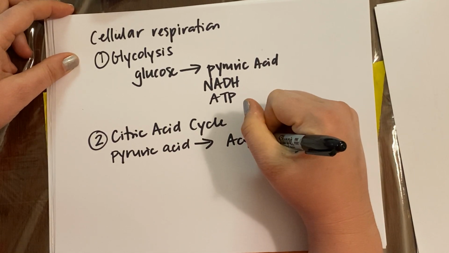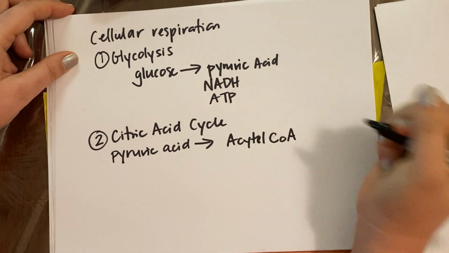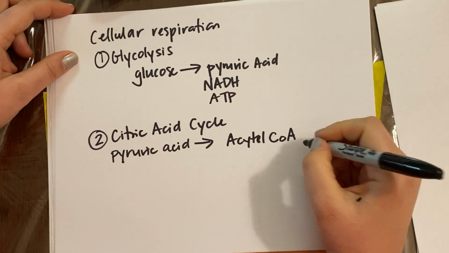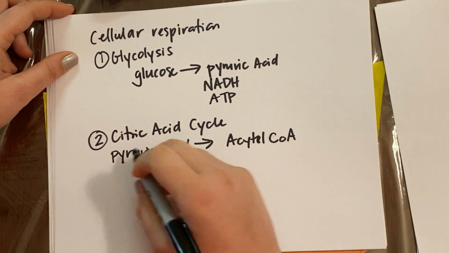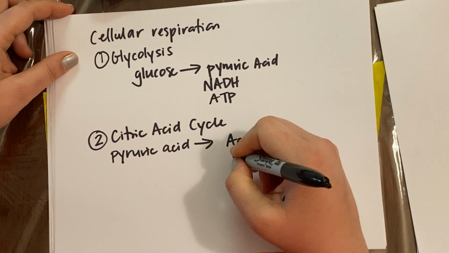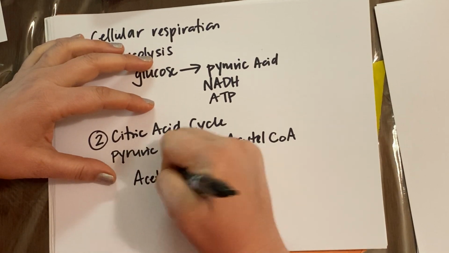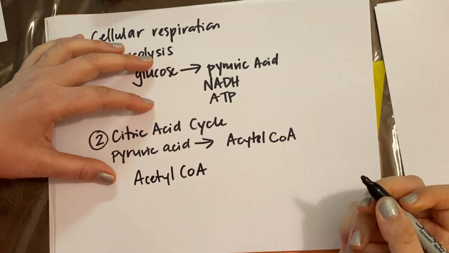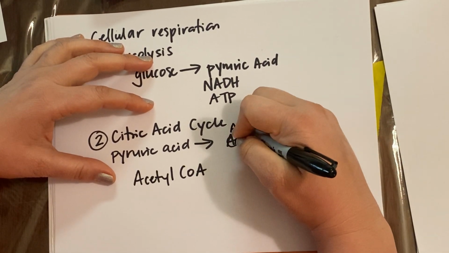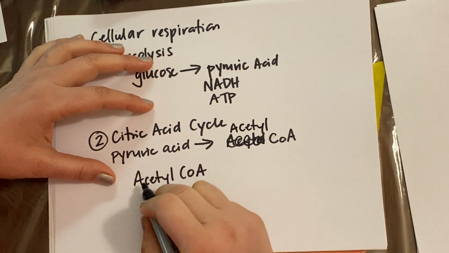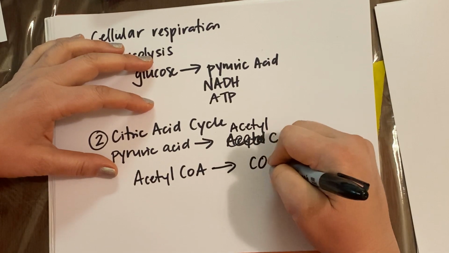Acetyl-CoA, and then the acetyl-CoA will go through the citric acid cycle, okay? Acetyl-CoA will then go into the citric acid cycle, and out will come carbon dioxide.